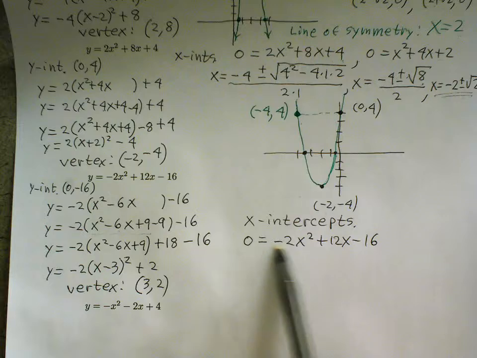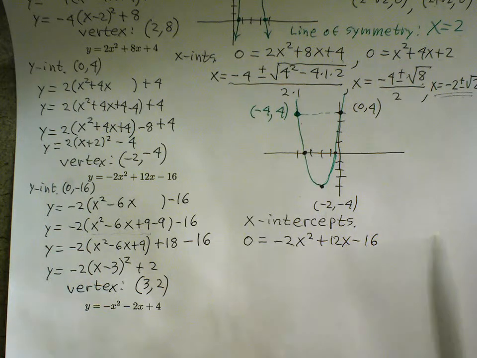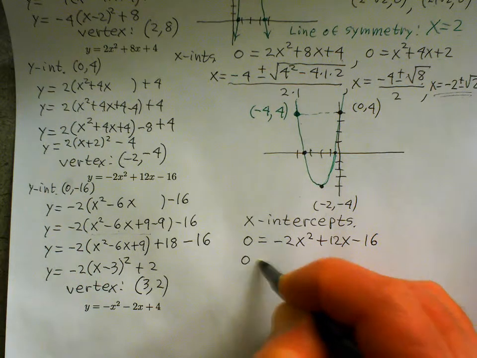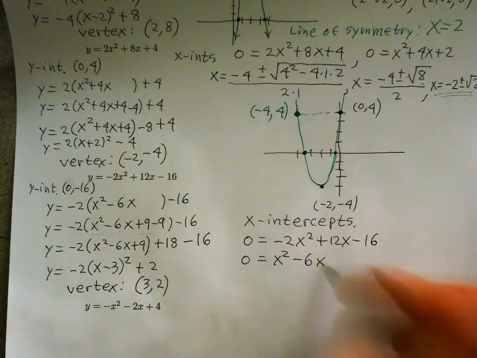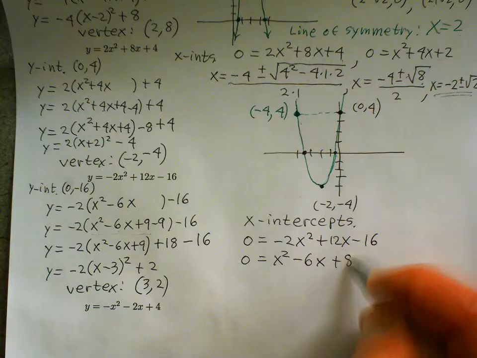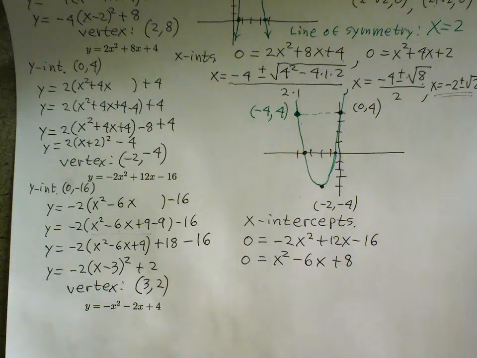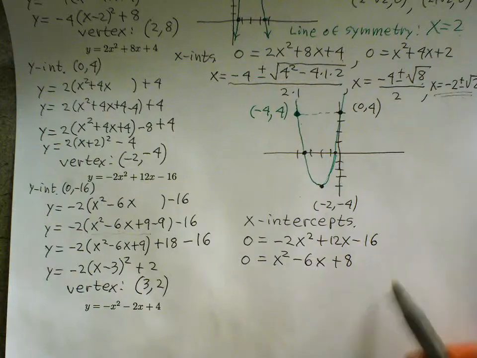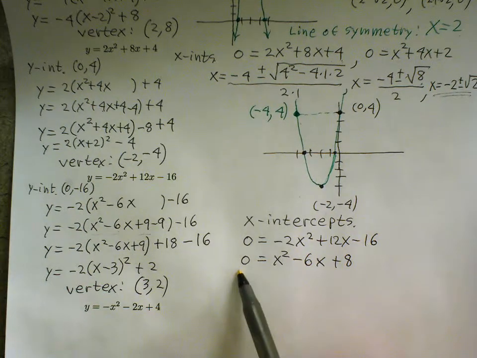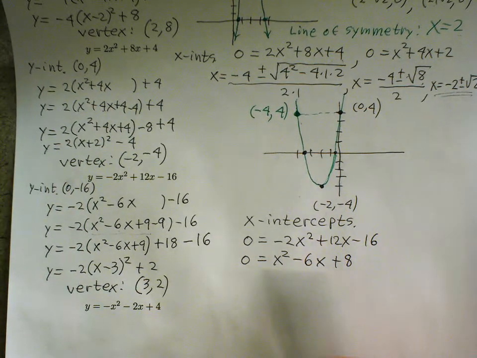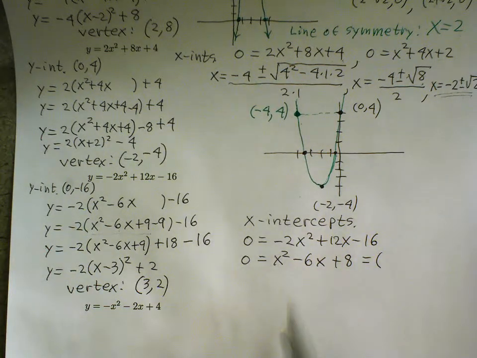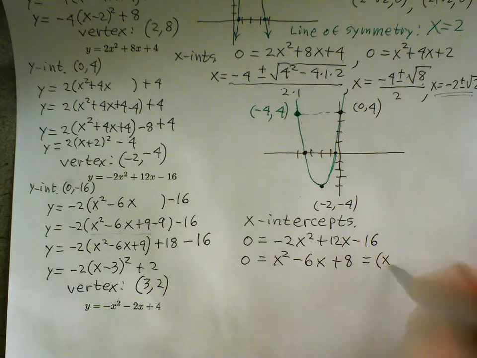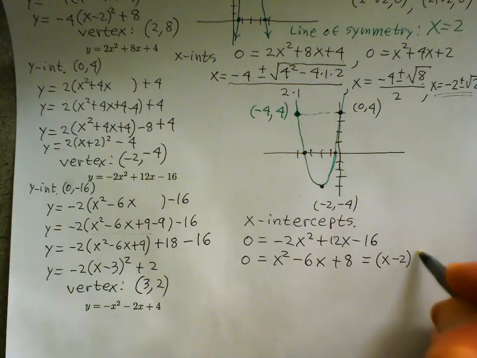Divide every term on both sides of the equation by -2, and we get 0 equals x squared minus 6x plus 8. So finally, we get a quadratic equation that can be solved by factoring. The two factors of x squared minus 6x plus 8 are x minus 2 and x minus 4.